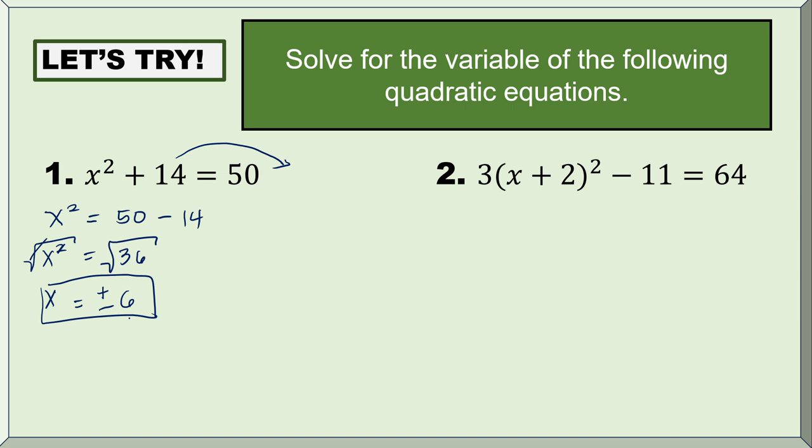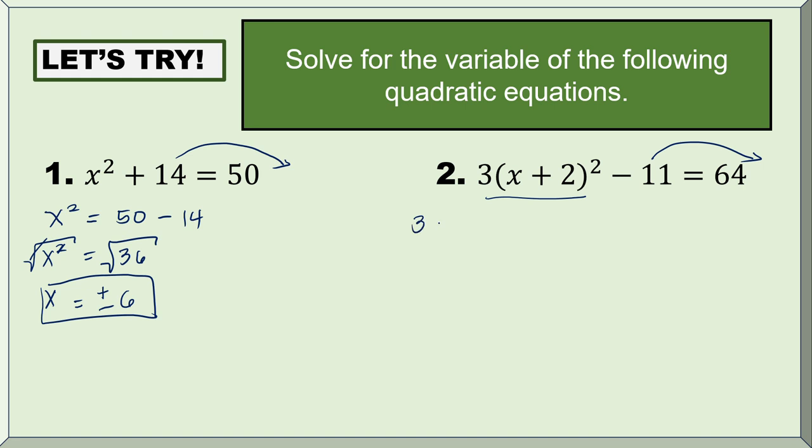We have the given equation of 3 times the quantity of x plus 2, quantity squared, minus 11 equals 64. So the first step again here is to isolate the squared variable or expression. So the squared expression here is 3 times the quantity of x plus 2 squared. So we need to transpose negative 11 to the other side.